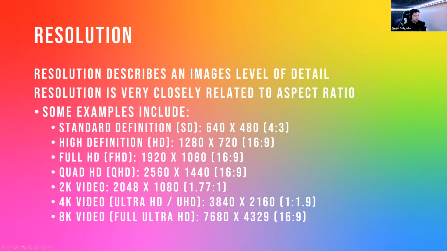You've got 4K video, sometimes referred to as Ultra HD or UHD, 3840 by 2160. That has a 1.9 to 1 aspect ratio. And then finally, probably the biggest one anyone would realistically be working with, 8K video, sometimes referred to as full Ultra HD, 7680 by 4320, which is once again a 16 by 9 aspect ratio.